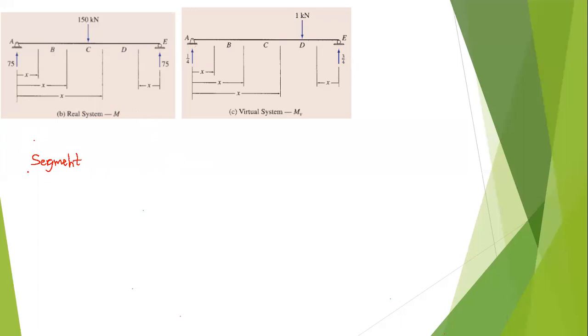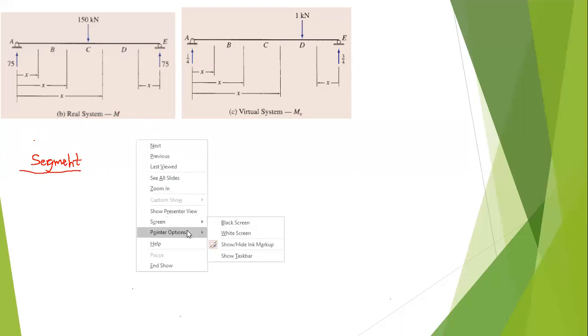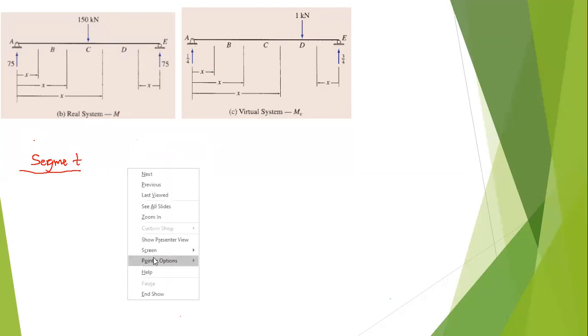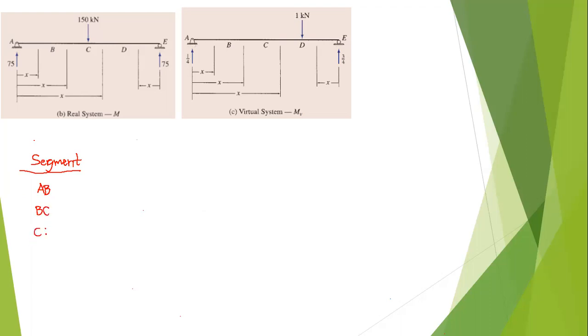So we may have 4 segments: AB, and we have BC, then we have CD, and we have ED.